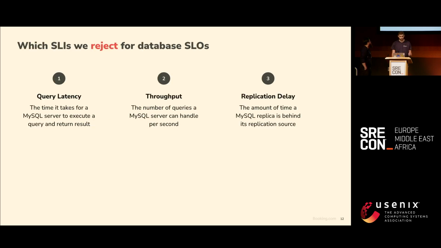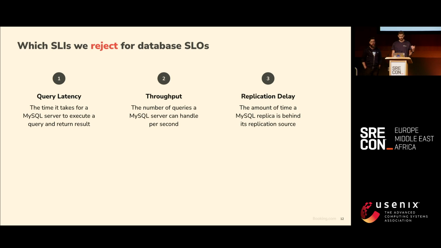So in this slide, we see 3 SLIs that we have previously used for our SLOs, and they didn't quite work for us. So the 4 golden signals, latency, traffic, errors, and saturation, is usually a good starting point. But for us, for databases, they do not always work. So query latency is something that we saw that was quickly violated because a complex query without indexes will be slow.